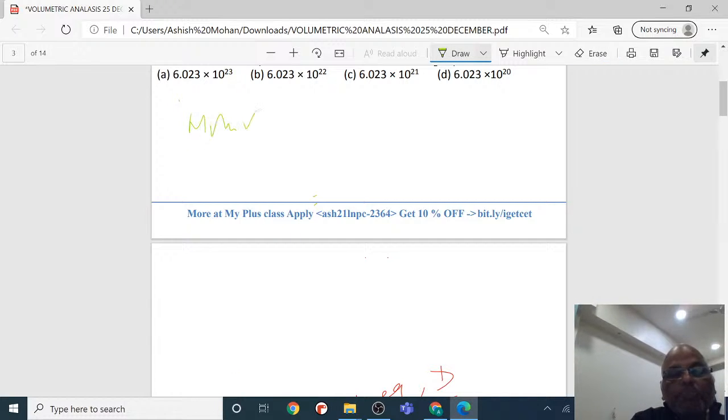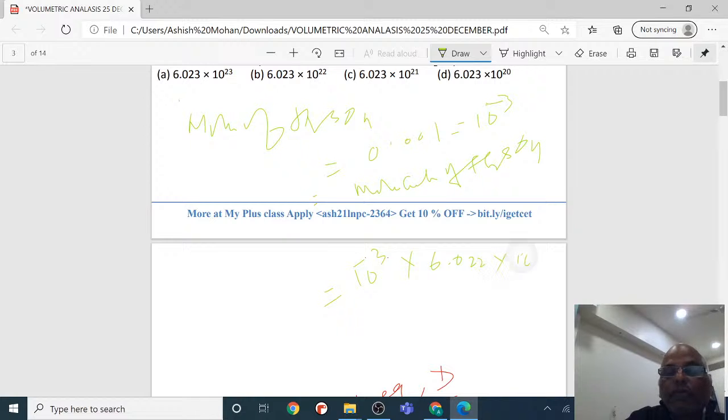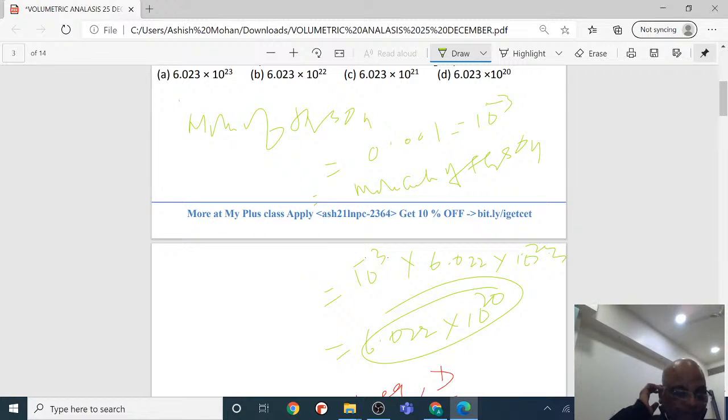Moles of H2SO4 is 0.01, so the moles are 10 to the power minus 3 times... molecules equal 10 to the minus 3 into 6.022 into 10 to the power 23. So 6.022 into 10 to the power 20. This is the number of molecules.